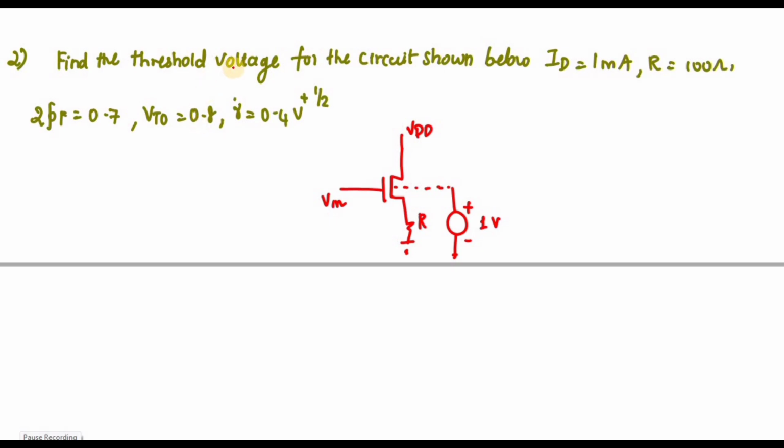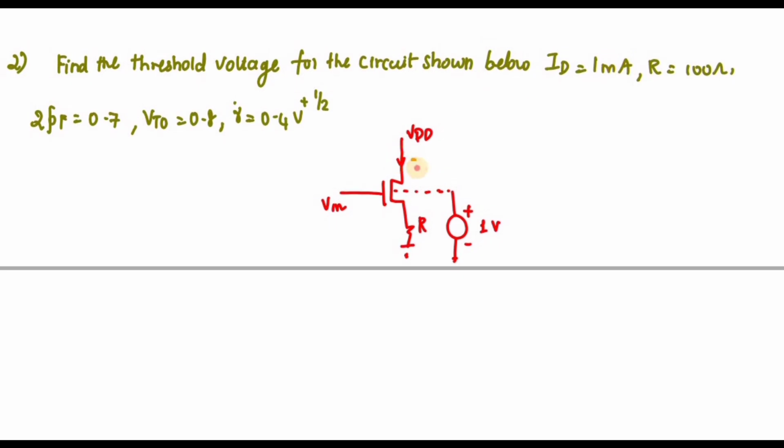Consider the second question. Find the threshold voltage of the circuit which is shown here, and the ID value is equal to 1 milliamp. So this is your ID, and the R value is 100 ohm. Okay, and 2ΦF is equal to 0.7, and VT0 is equal to 0.8 volt, and the body effect value gamma is 0.4.